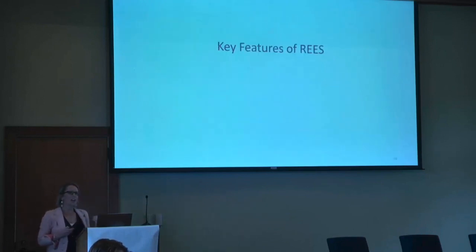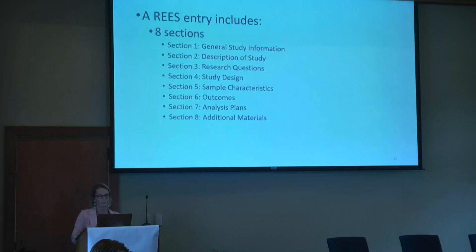So those were our goals, and they led to a specific set of features that we included while we were designing REIS. Just generally speaking, it's laid out in 8 different sections. The first 2 sections are our basic study information. And then in sections 3 and 7, we really get into the nitty-gritty of tell us what your plan is.